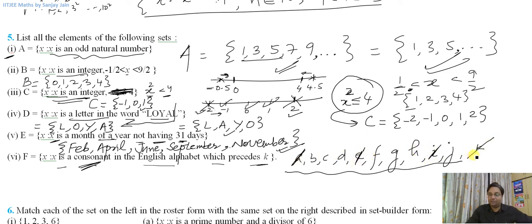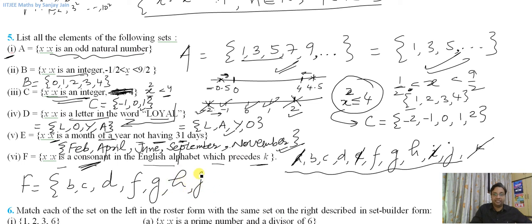Obviously K is not included because I just want to write the consonants that precede K. So my answer for this set will be B, C, D, F, G, H, and then J. So these are the consonants that precede K.